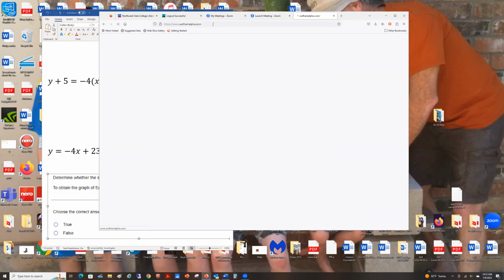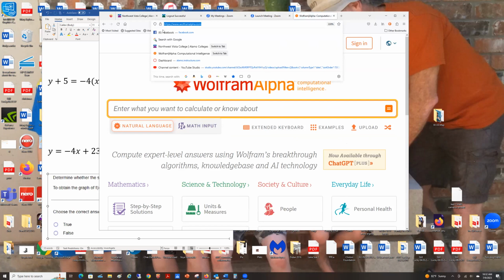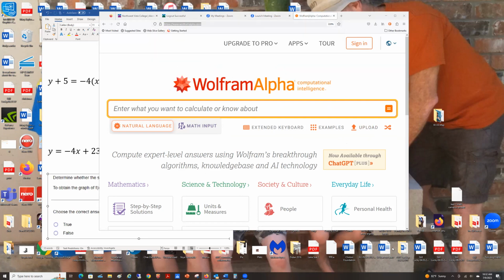It's called Wolfram Alpha. And this, for my students, is a huge lifesaver. And I'm going to send that to you, just so you'll have a copy of it.